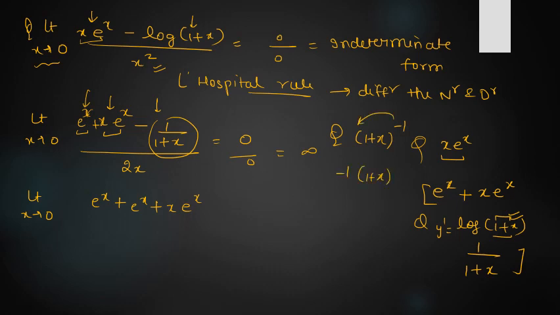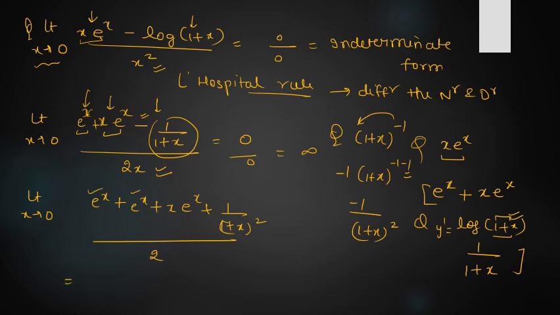This is the rule of derivative, correct? So now this is minus 2, that means 1 plus x raised to power minus 2. Minus is already here, so minus minus plus, 1 plus x whole square, right? Divided by the derivative of 2x, which is 2. Now let's see what happens.